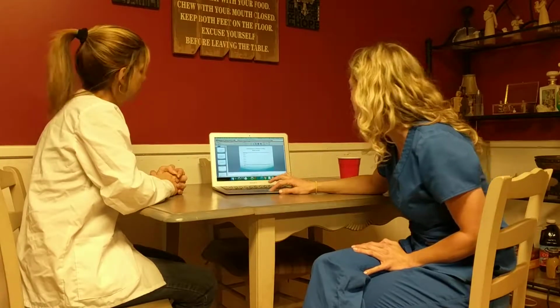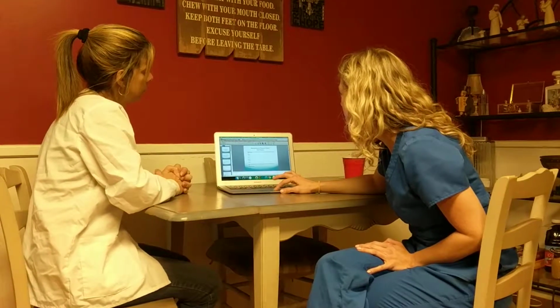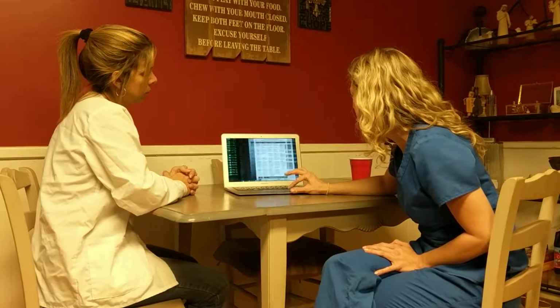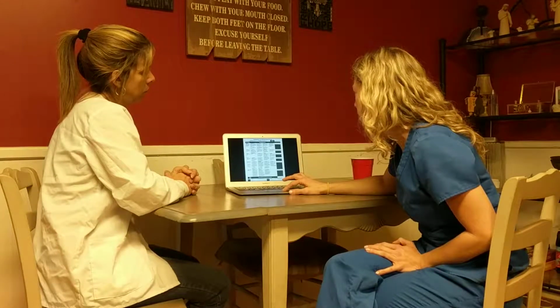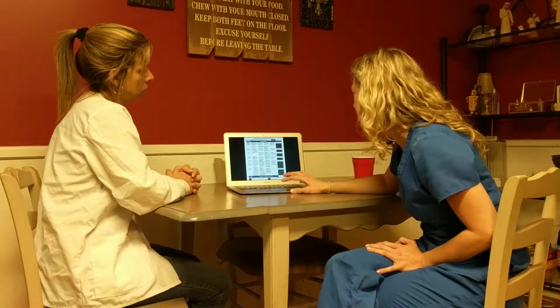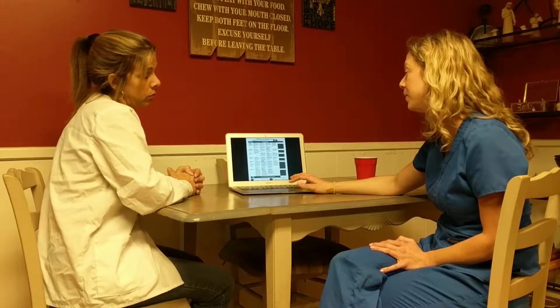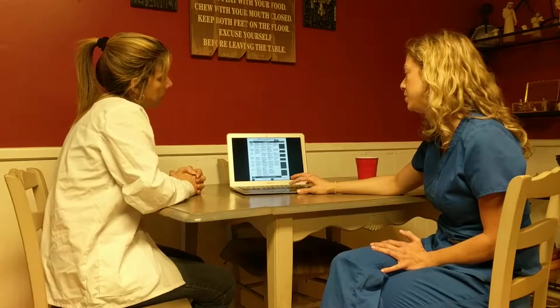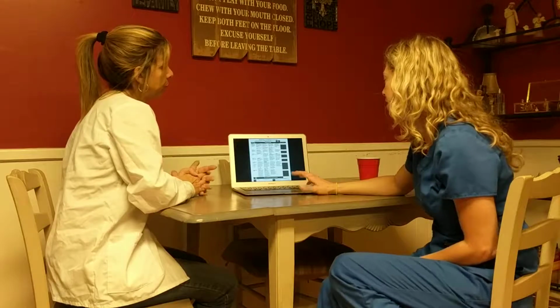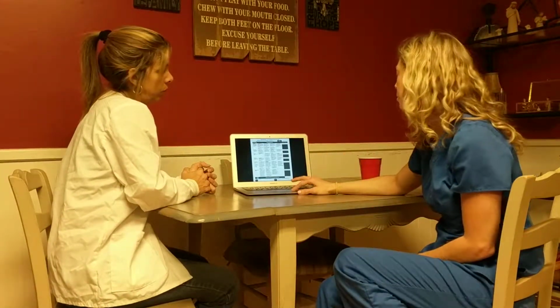Within these categories, it's given a numerical ranking from 1 to 4. I actually pulled up the Braden scale if you want to look at it. For activity, number 1 would be bedfast, somebody that is completely bed bound, and it moves up to score 2, which would be given to somebody that is in a wheelchair. 3 is somebody that can walk, and 4 is somebody that walks frequently and is very mobile.